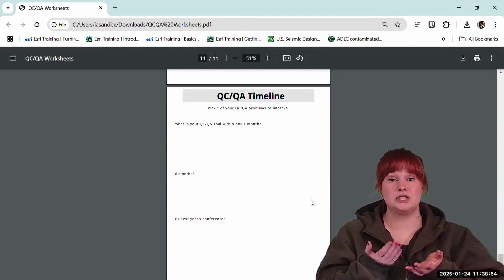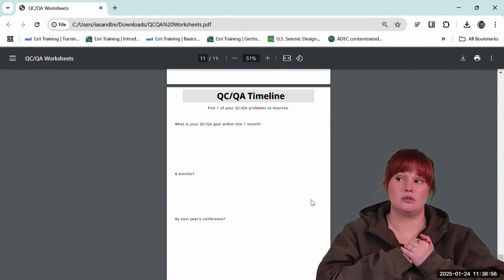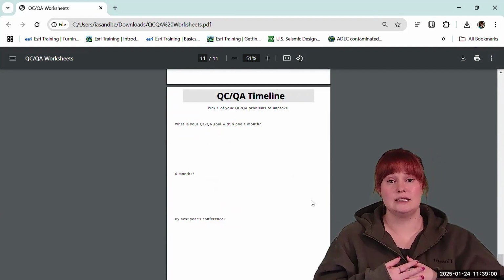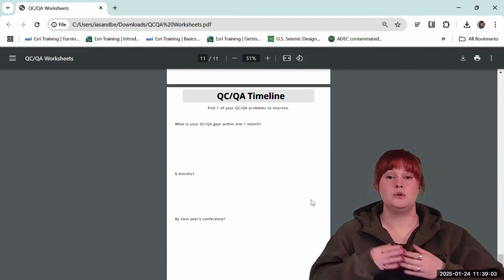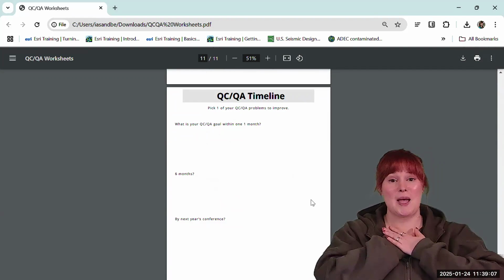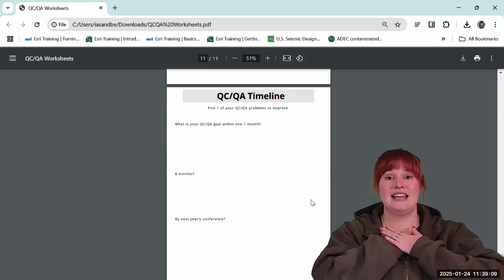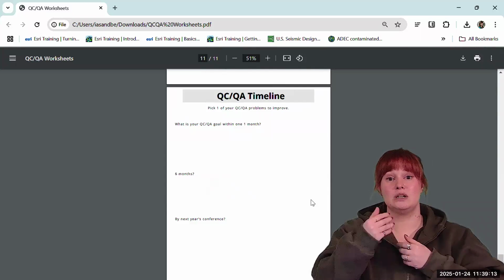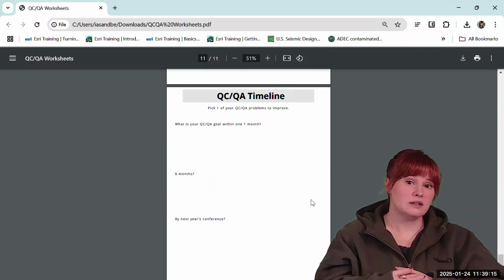Especially if you're in an agency where you're not sure that you're going to have a lot of other people on board with this, if you need somebody to help you with accountability, I am happy to be your accountability buddy. You can send me your goals, and then I can reach out to you in 6 months and say, hey, how are things going?